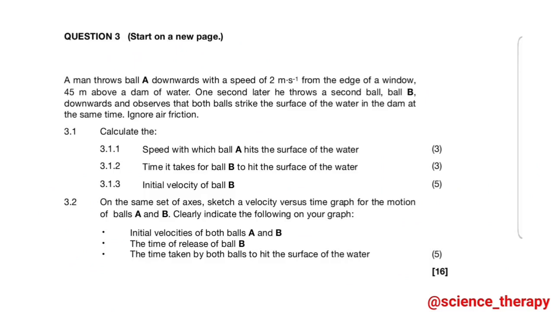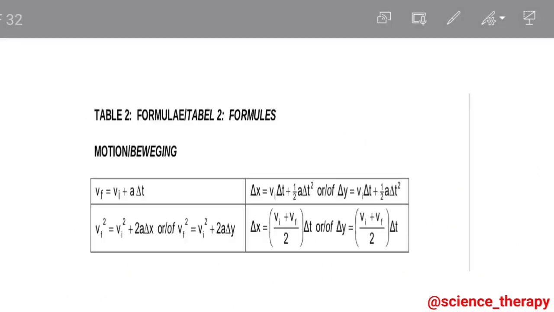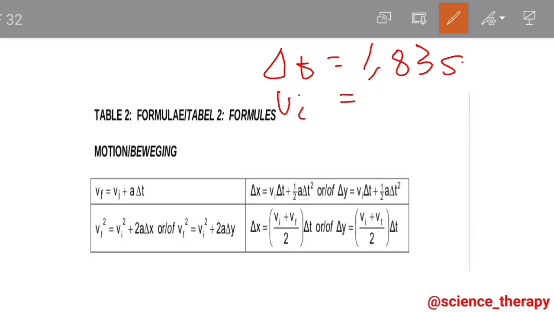Now 3.1.3 says now calculate the initial velocity of ball B, and that for 5 marks, right? So now we are looking for the initial velocity of ball B, right? Now again, you don't panic. Let's collect the data. Remember, we calculated change in t and we said it's 1.83 seconds, right? We are looking for VI, so write a question mark on that.